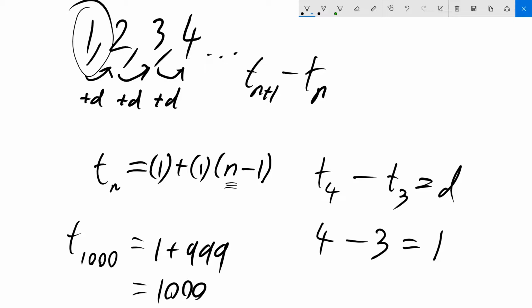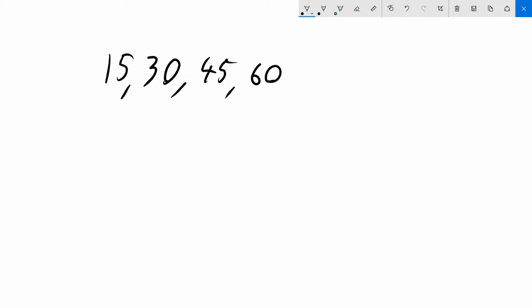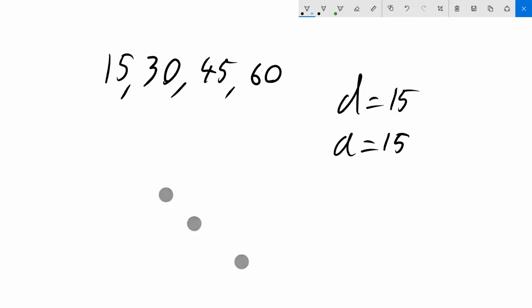Now this isn't particularly amazing because of the sequence, but if we had something, I don't know, going up by 15 for example, some kind of odd number like this, so we know that the difference is 15, and we know that the starting number is 15 itself.